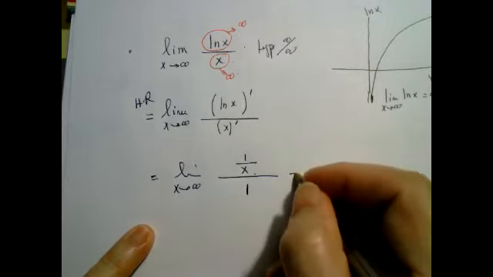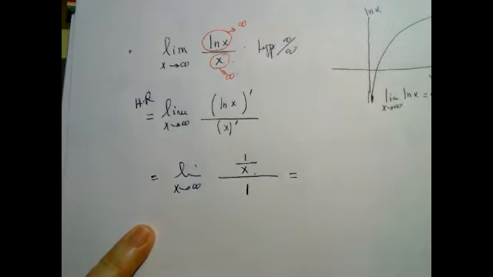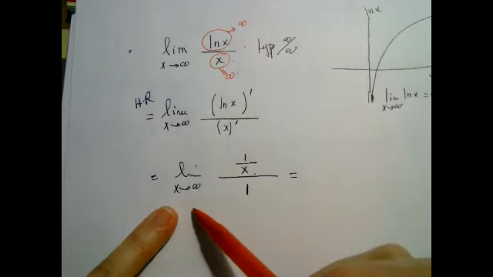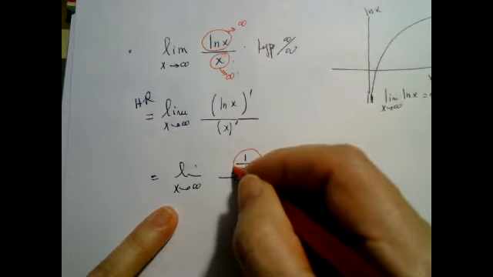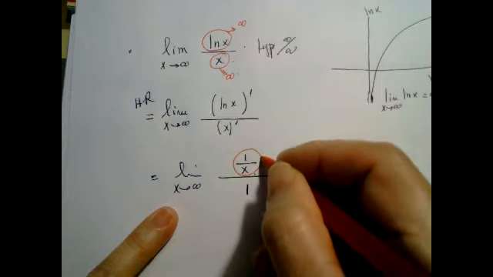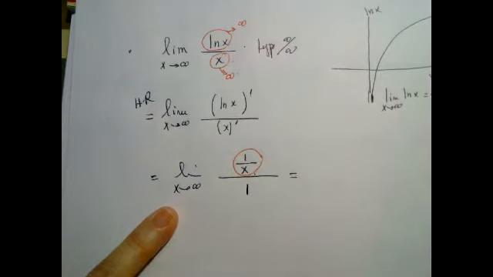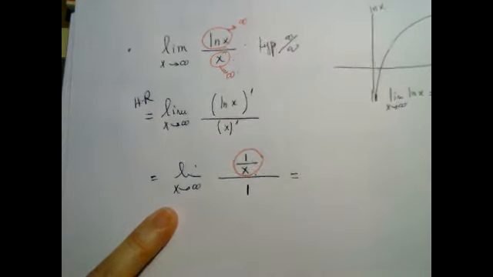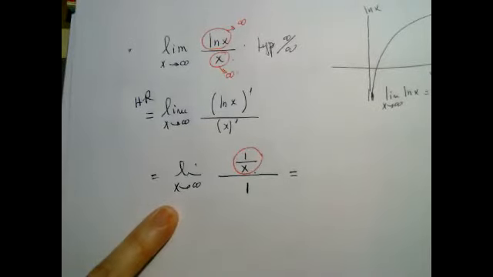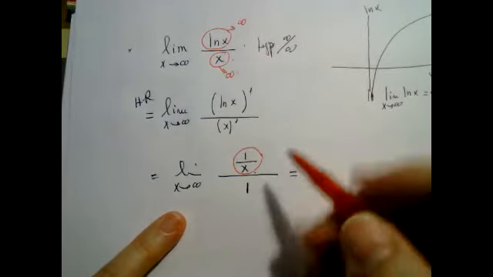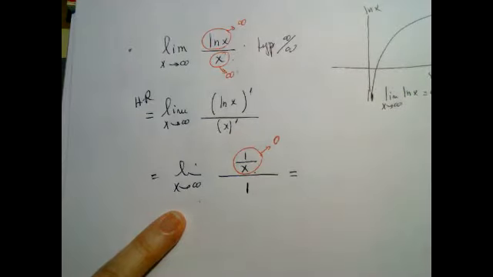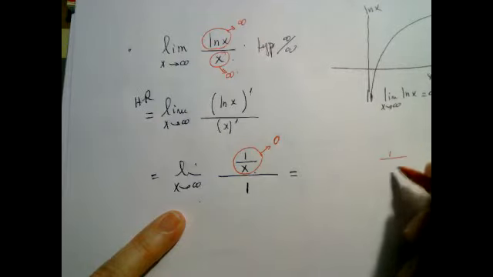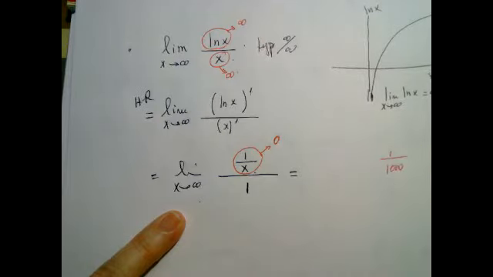So when x goes to infinity, what happens right there? Let's analyze it. When x goes to infinity, 1 over x becomes close to what? When x gets very large, 1 over x goes to 0. If you ever forget, just try 1 over 1,000. Is it a large or a small number?